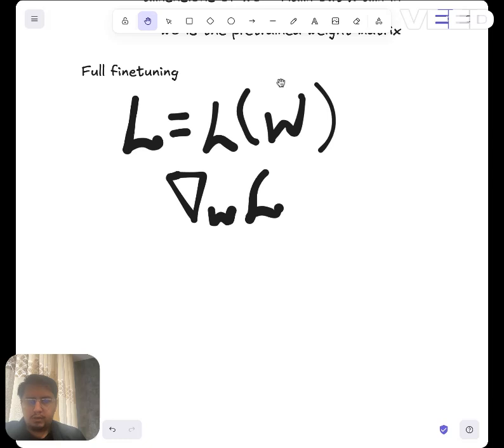So if we were doing full fine tuning, we would compute the gradient of the loss with respect to every entry of W, right?